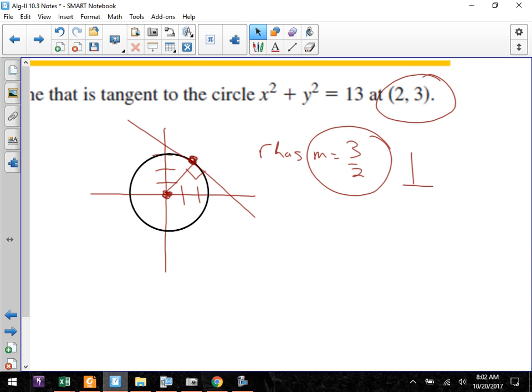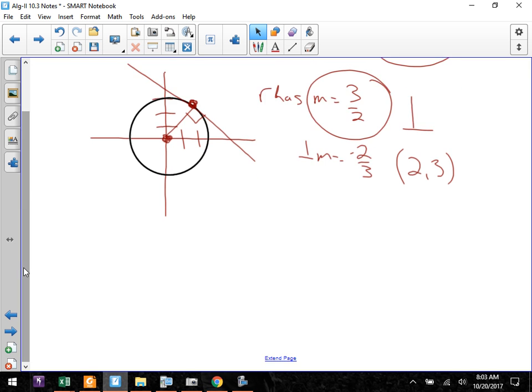Remember, perpendicular slopes are opposite reciprocals. Change the sign, flip the fraction. Our perpendicular slope would be negative 2/3, and I want to write it through the point 2, 3. Do you guys remember this little thing called point slope form?